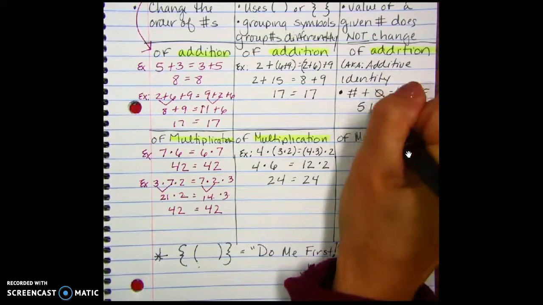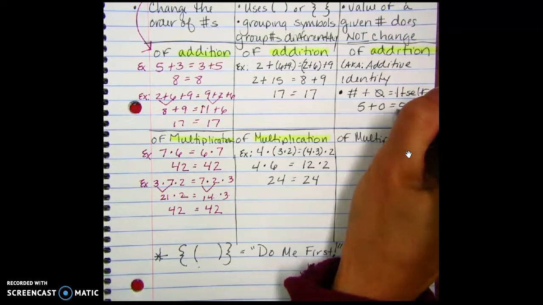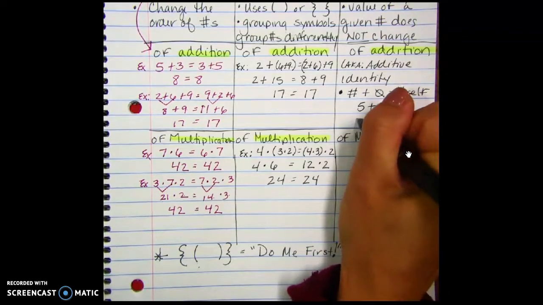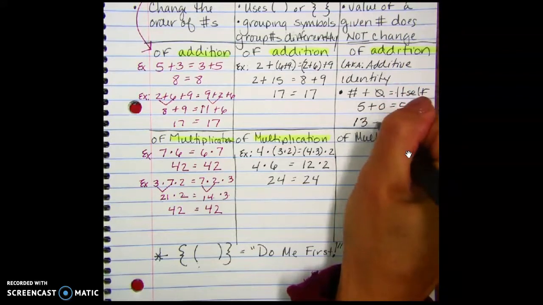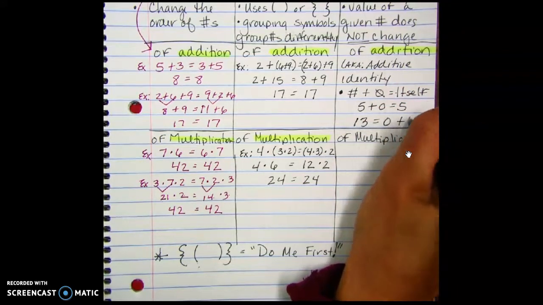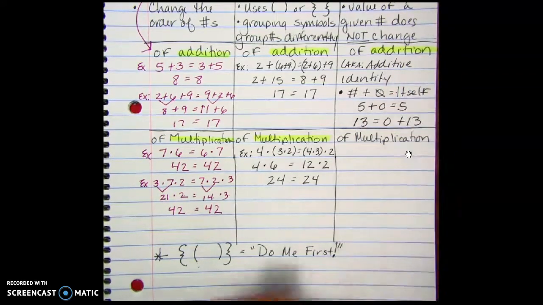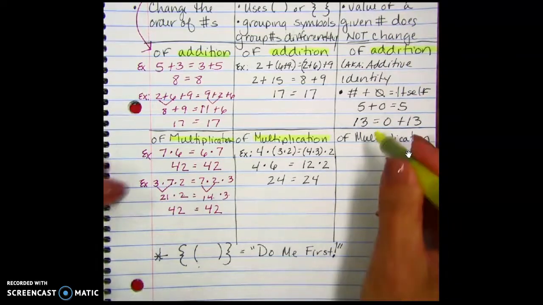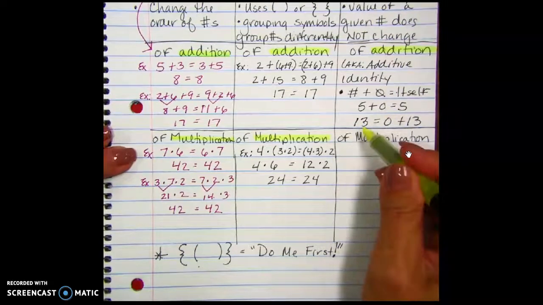So 5 plus 0 equals 5. Also 13 equals 0 plus 13. It equals itself. Cool. We knew that. We just didn't know it was named that.